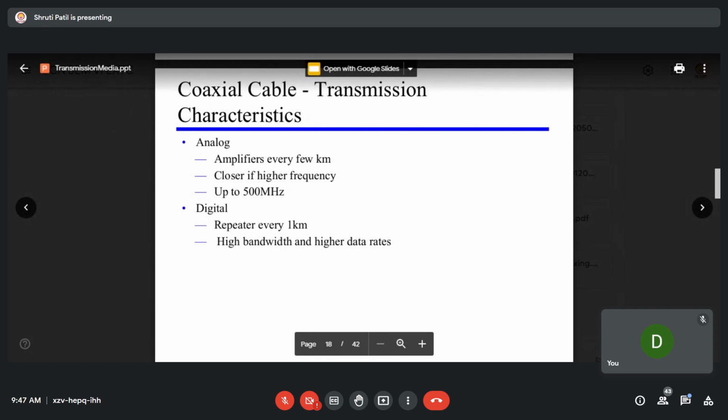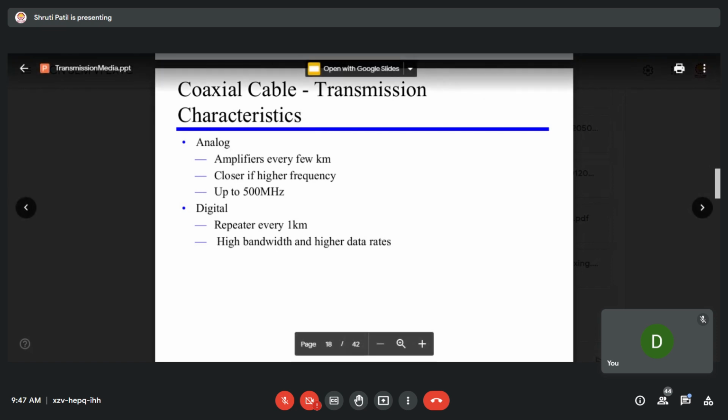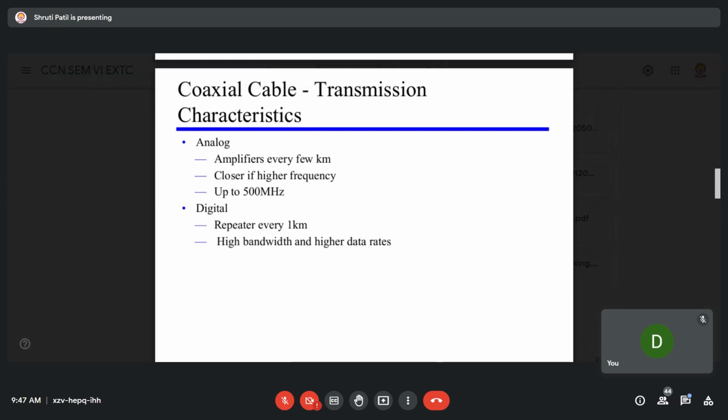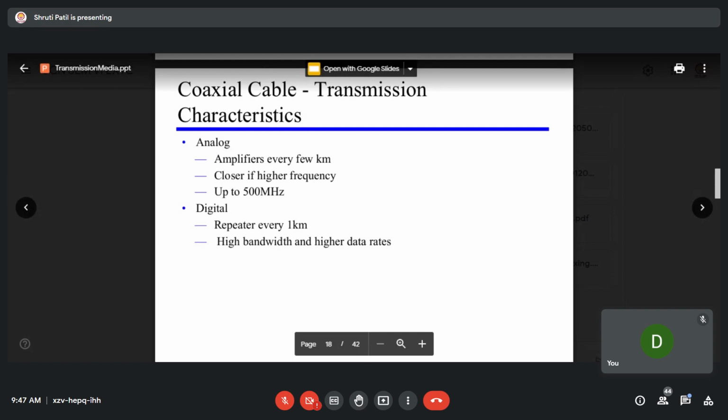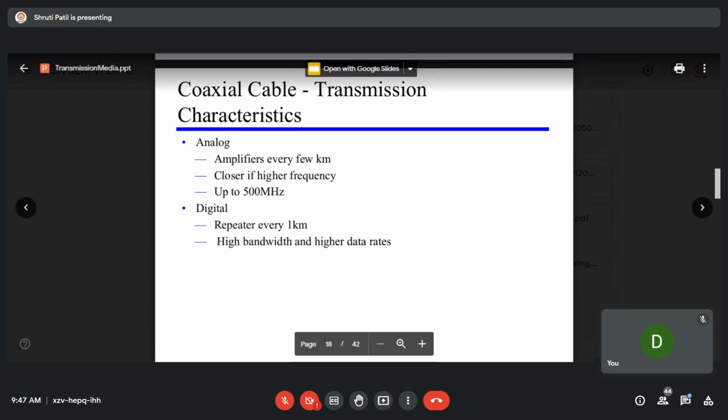It can be analog or digital. If analog, amplifiers are needed every few kilometers, and up to 500 megahertz can be used. With digital, repeaters are needed and the distance it can carry is reduced. Then high bandwidth and higher data rates.